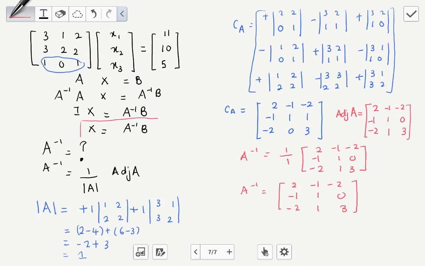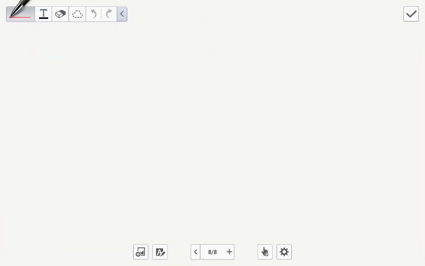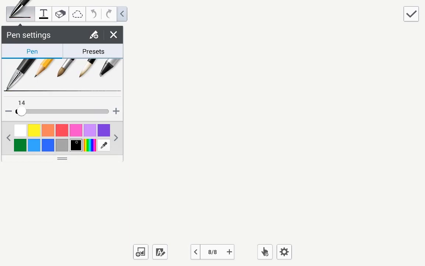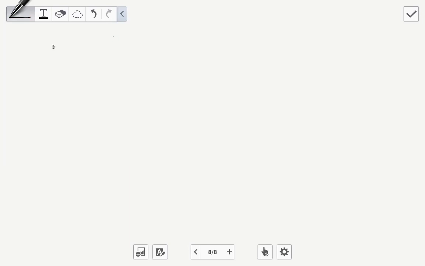We are supposed to find x, where we take our A inverse and multiply with B. So we're going to copy our A inverse onto the next slide. X equals A inverse B.